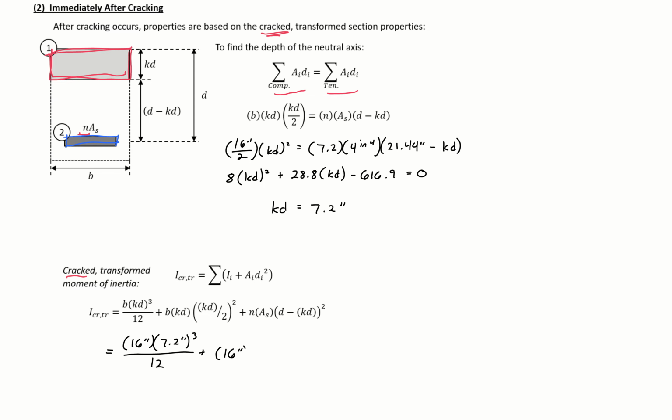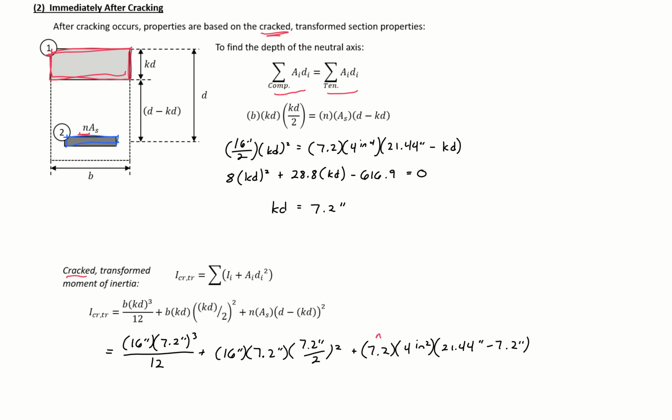16 times 7.2 times our distance, 7.2 divided by 2, squared, plus 7.2, which in this case is our n, times 4 inches squared, times 21.44 minus 7.2 squared.